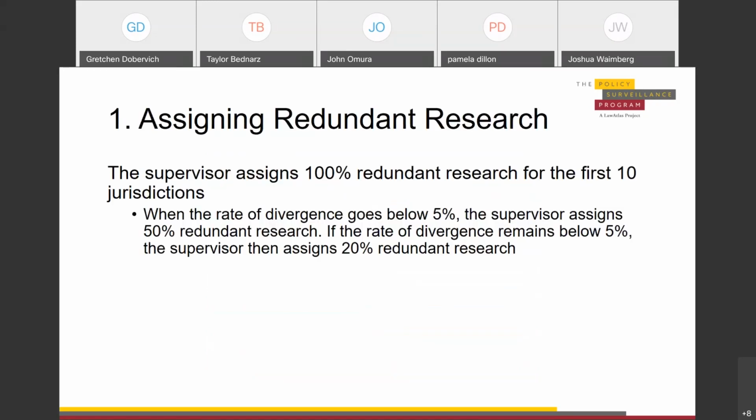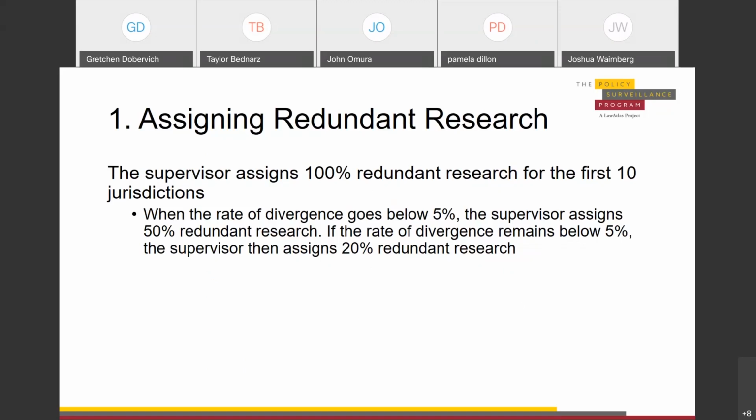So that first step, assigning redundant research. At the beginning of the project, when the team is identifying the methods that will be used to collect the law, the research should be done at 100% redundant rate for these first 10 jurisdictions, meaning that each researcher will research all the other researcher's states.